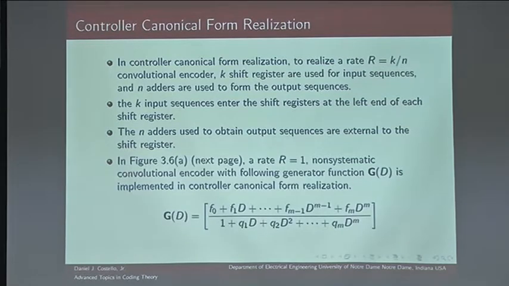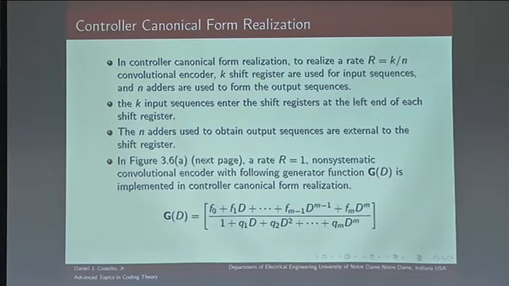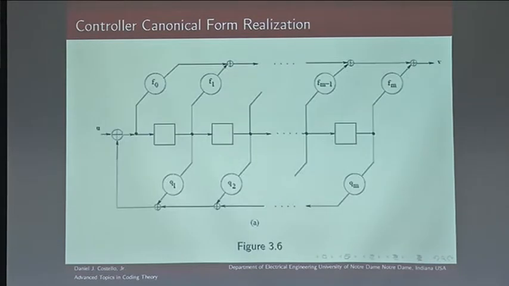And this is just a general picture here of realizing a rational function in this form. So the numerator polynomial, the f's here, are represented like this. There are adders here, and they are connected to the stages of the shift register with whatever these coefficients are. And again, these would generally be binary.